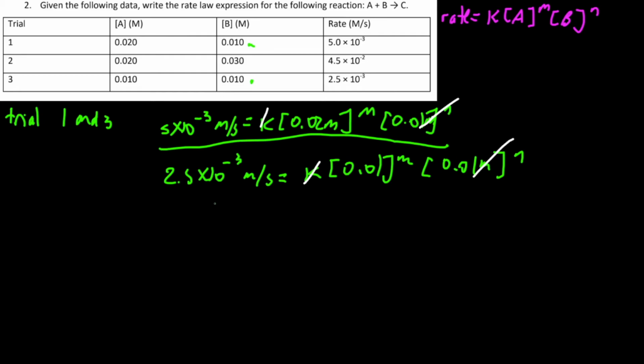So you're going to get 2 equals 0.02 divided by 0.01 gives you 2 to the M. This means that M equals 1.